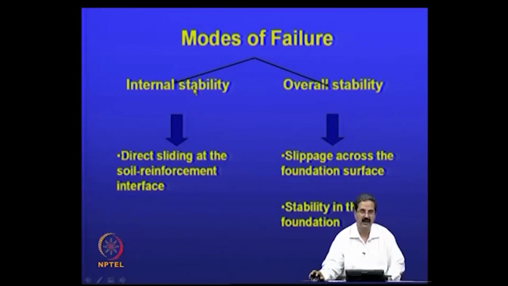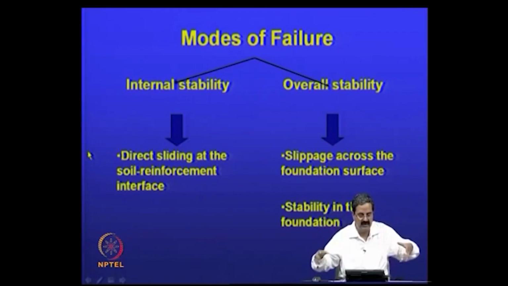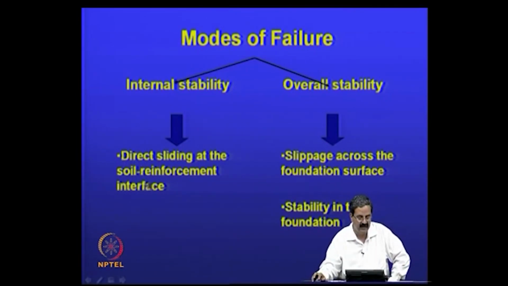As I just mentioned, you are placing a reinforcement, and the reinforcement should not lead to any difficulty or failure. What is important in that case is that the embankment tries to slide, and if the reinforcement can prevent it by having a good resistance at the interface, then it is fine. So, that is one failure criterion.